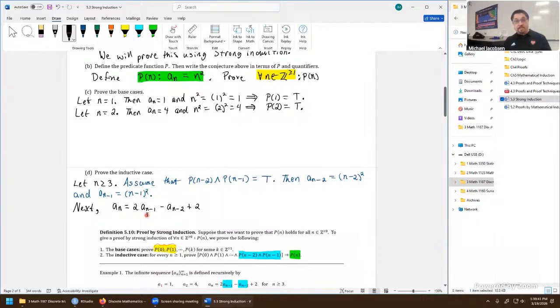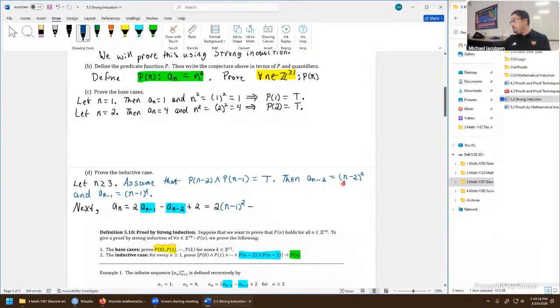But our inductive hypothesis is powerful. It's called strong induction because we have 2 big assumptions. We can make a swap here for a_(n-1) and here for a_(n-2), from what we see in blue on that inductive hypothesis. So now this is equal to 2 times, for a_(n-1), we put in (n-1) squared. Then it goes minus a_(n-2).